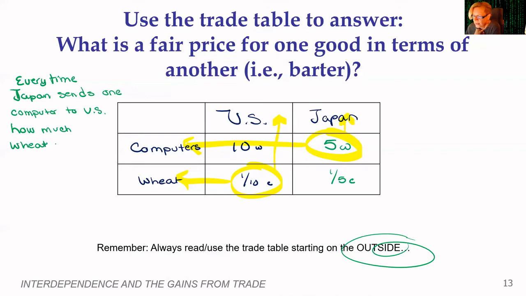Or how much wheat makes it a fair trade? Okay, that would be a really good example of a test type question that I would ask you.